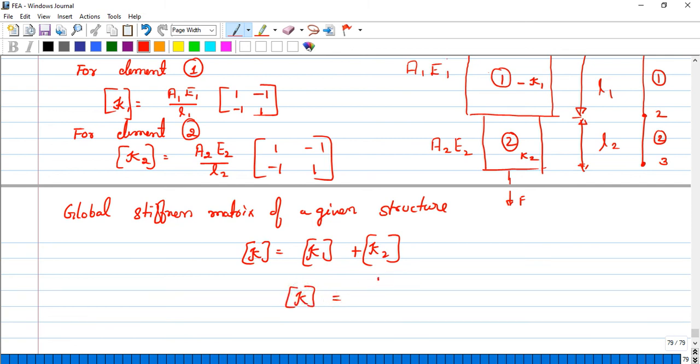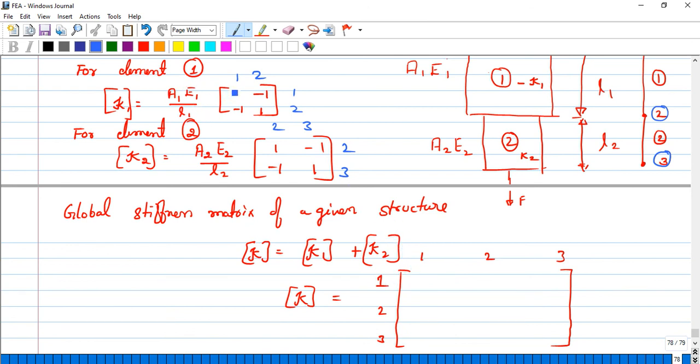We shall consider first, second and third positions in the same order, 1 2 3. If I represent the same here, this is 1 2, 1 2, and this is 2 3, 2 3. The second element is made up of nodes 2 and 3, and the first element is made up of 1 and 2.